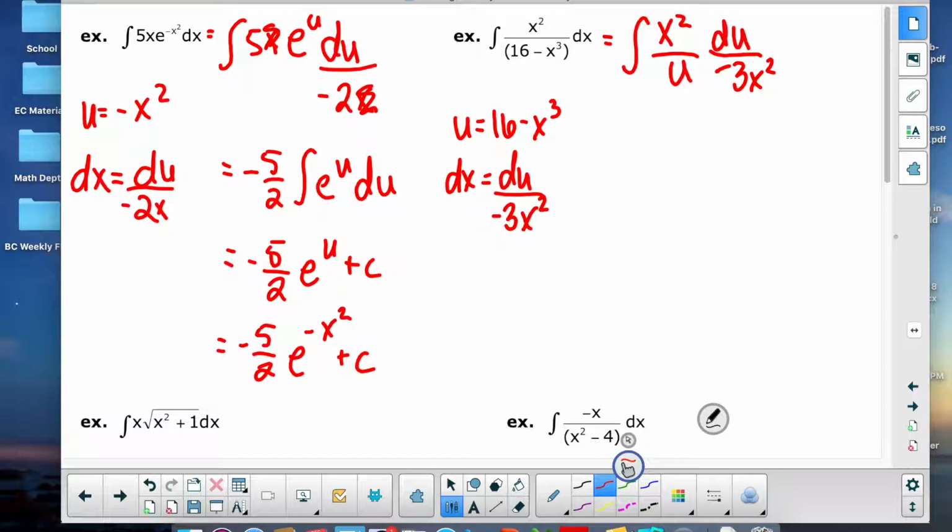Our x squares cancel each other out. What's my new coefficient? Negative 1/3, so I'm going to move him out.